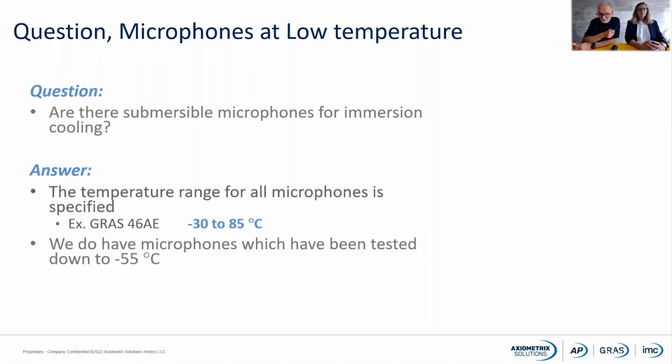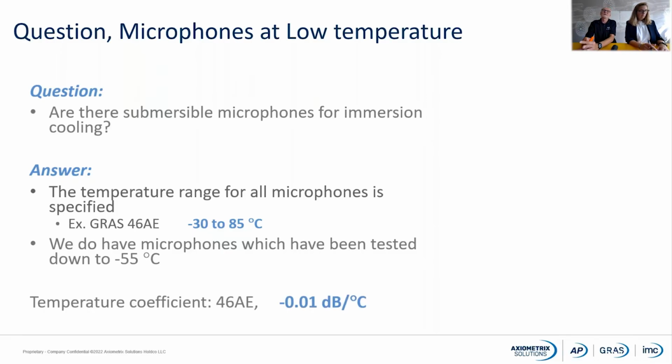One thing we have to remember when we are using microphones at different temperatures is that the microphone has a little temperature dependency. We have what we call a temperature coefficient, and typically it is in the neighborhood of 0.01 dB per degree Celsius.